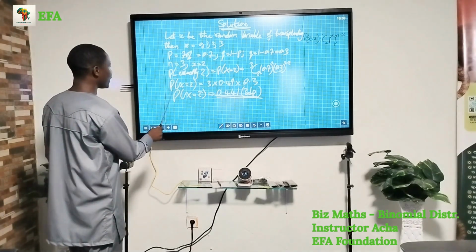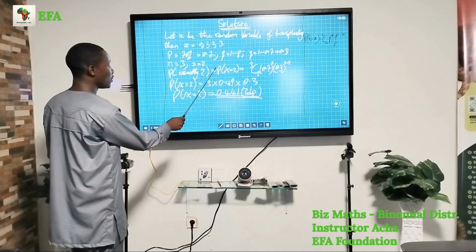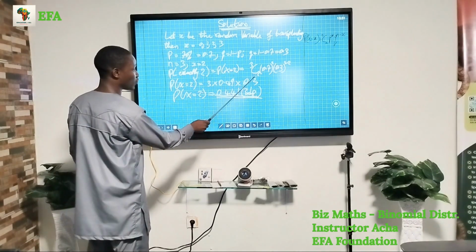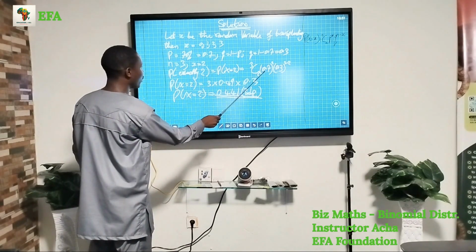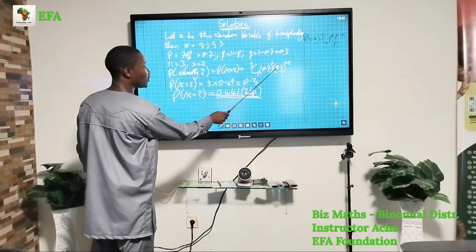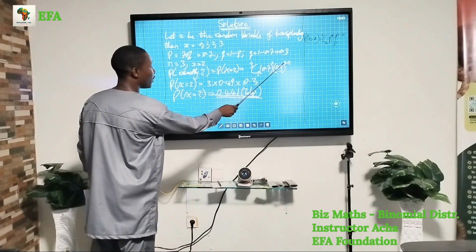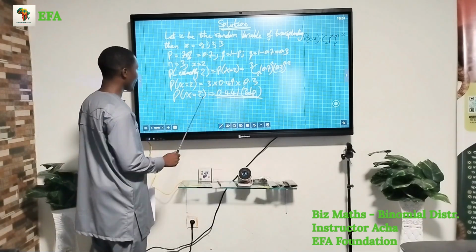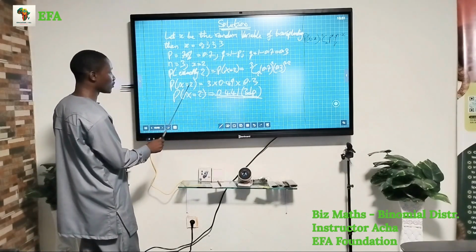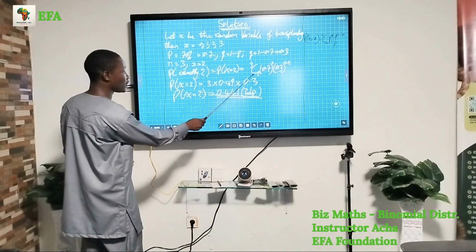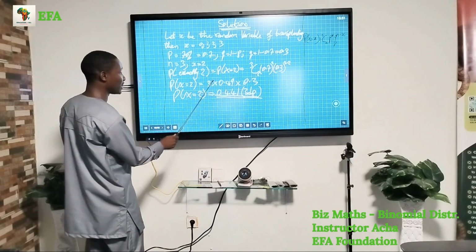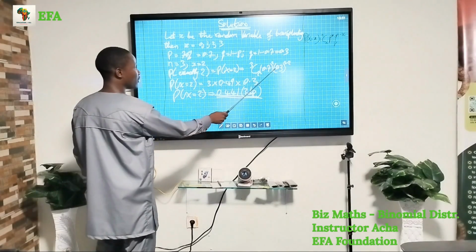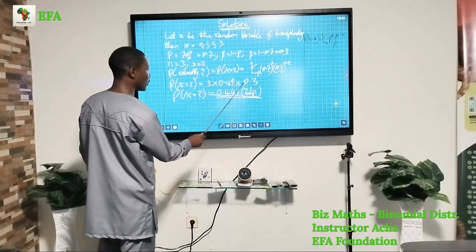We now have the probability of exactly 2, that is the probability of random variable x equals 2, is 3 combination 2 times the probability of success to the power 2 times the probability of failure to the power number of trials minus 2. With this, probability of x equals 2 gives us 3 combination 2, which is 3, times 0.49, times 0.3 to the power 1, which gives us 0.3.